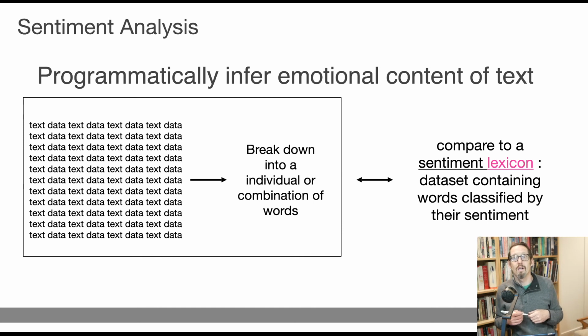We don't care about their actual meaning. In a given chunk, we want to compare the words against a lexicon, which is like a dictionary. A lexicon is a data set which has words in it, and we can look up whether those words are thumbs up or thumbs down emotionally.